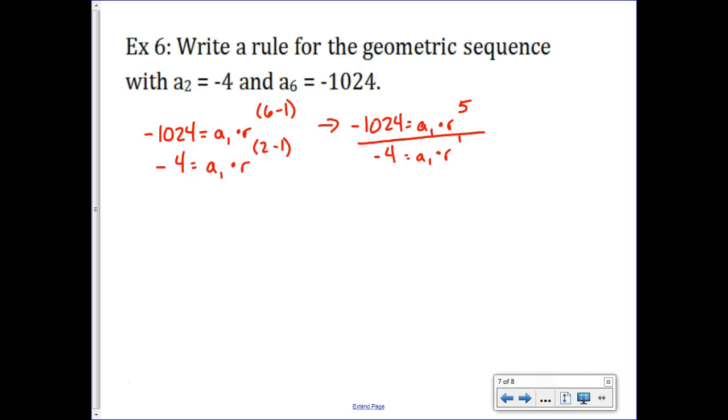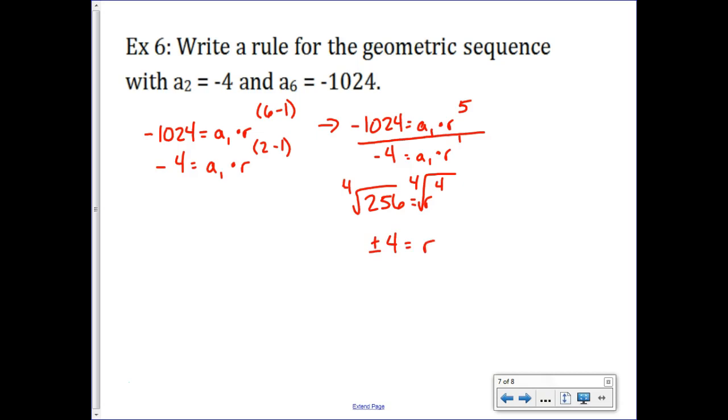Negative 1024 divided by negative 4 gives me 256, and a sub 1 divided by a sub 1, those go away, and then r to the 5th divided by r to the 1st is r to the 4th. So the 4th root of 256 is plus or minus 4, right?